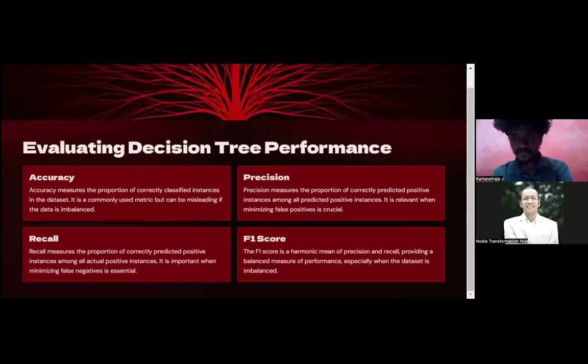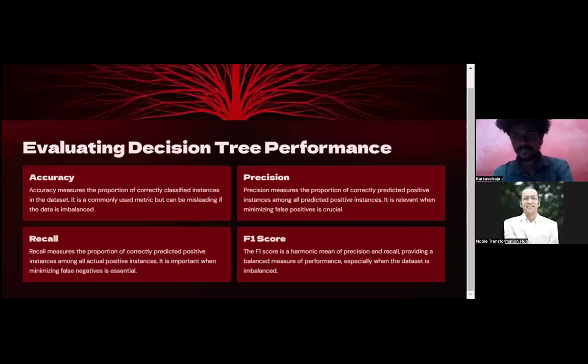Then we have precision. Precision measures the portion of correctly predicted positive instances among all predicted positive instances. It is relevant when minimizing false positives is crucial.